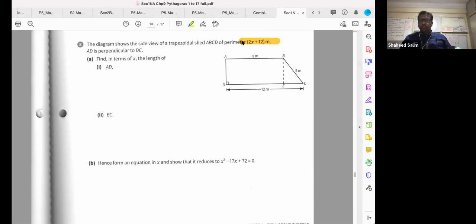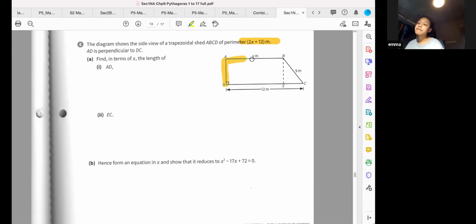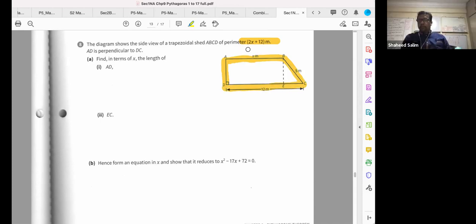You know what to do, Emma? Perimeter is the whole thing, you know? This plus this plus this plus this. You have the whole thing is here. You have this, you have this, you have this. But you don't have this, you can find this.